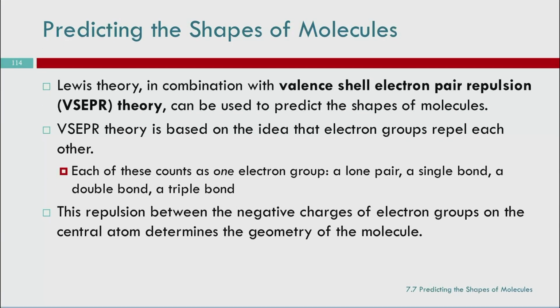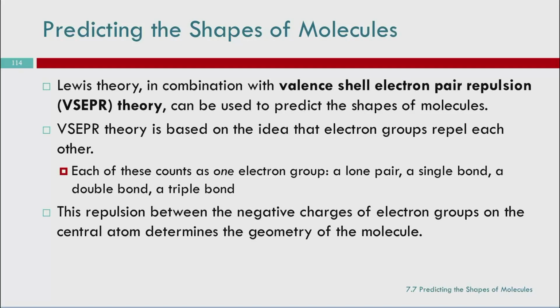So the reason that we're coming up with these shapes, one of the reasons, is so that we can predict the shape. So the diagrams, the drawings that we've been doing, are not what they actually look like. In reality, all atoms and molecules, the ones that we're drawing, are going to be wiggling and moving all the time a little bit. And in that wiggling, they'll end up finding the most stable configuration.